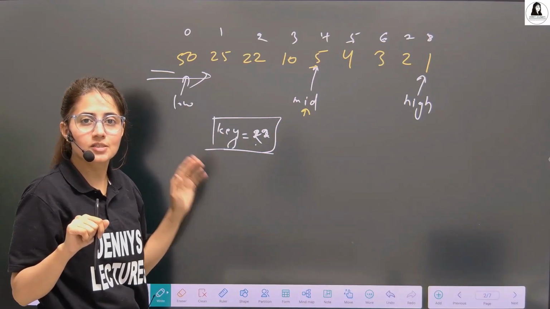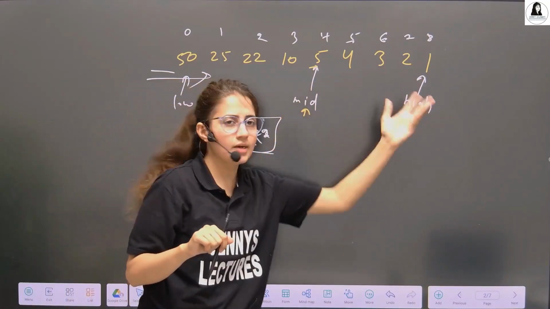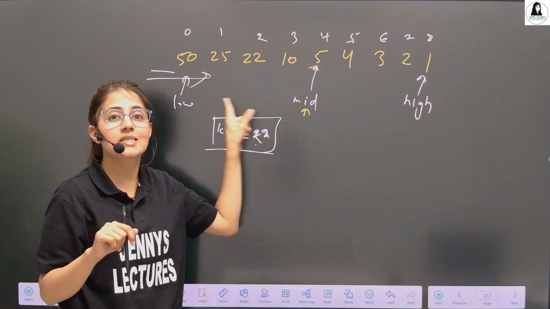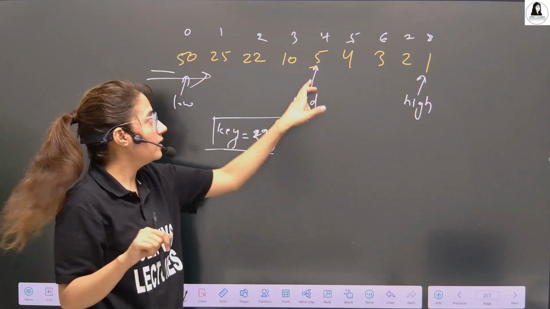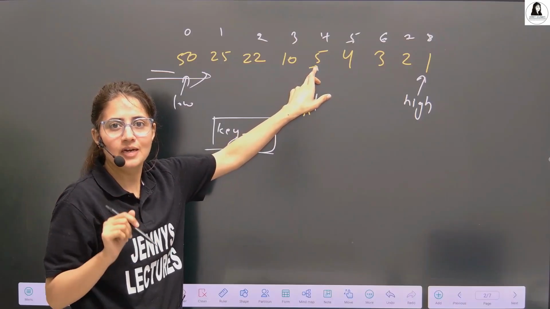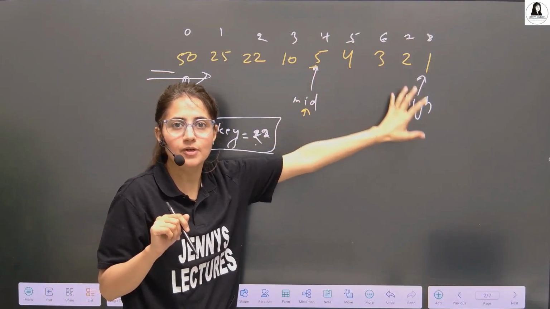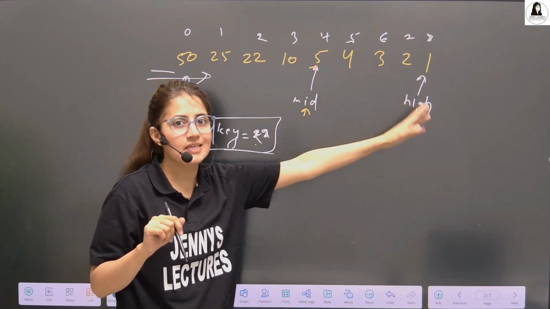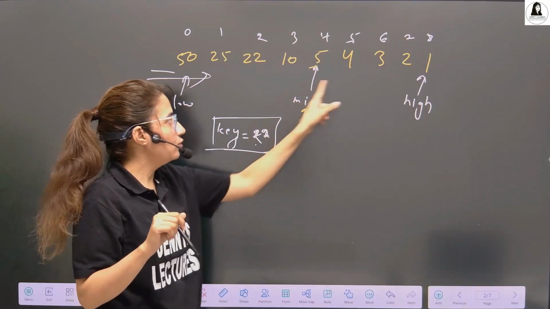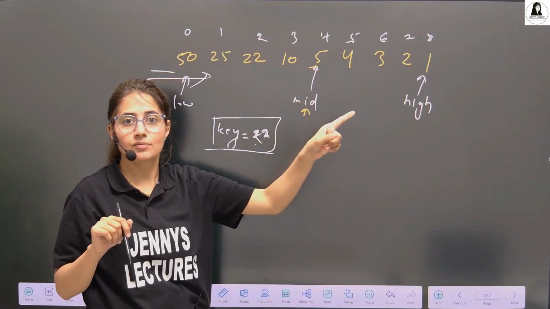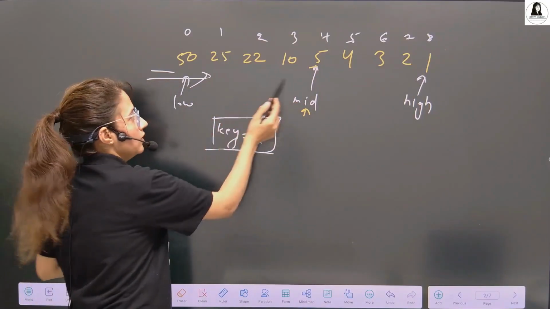In the previous case, if it's greater, then you have to search in the right half. But it's in descending order. We know that mid is 5. So definitely on the right half, elements would be either equal to 5 or less than 5. 22 would not lie in the right half. So in this case, now you have to search in the left half.